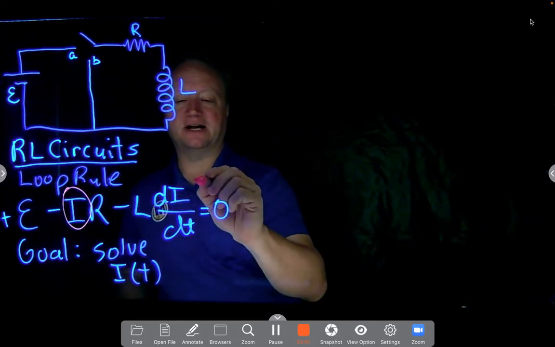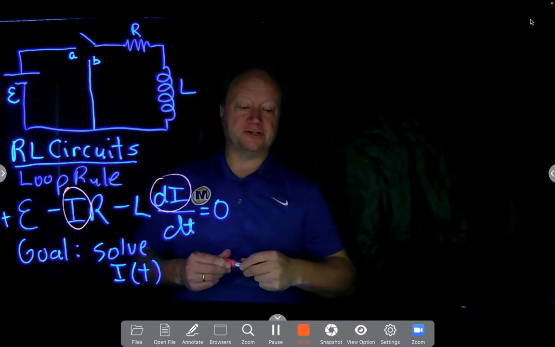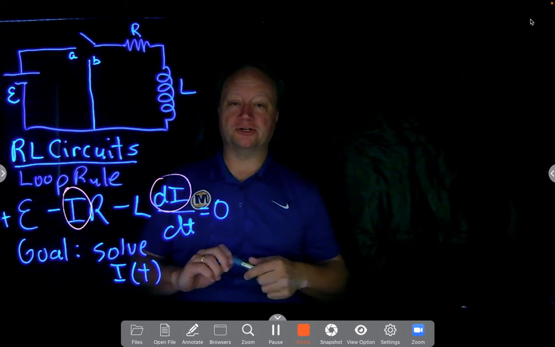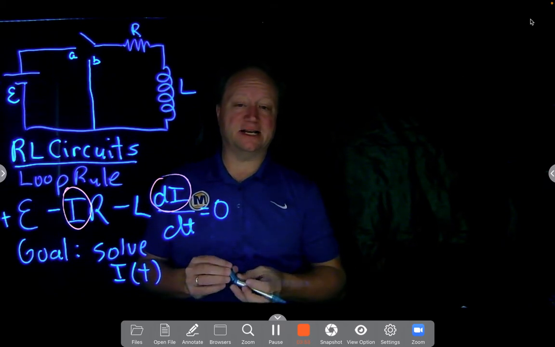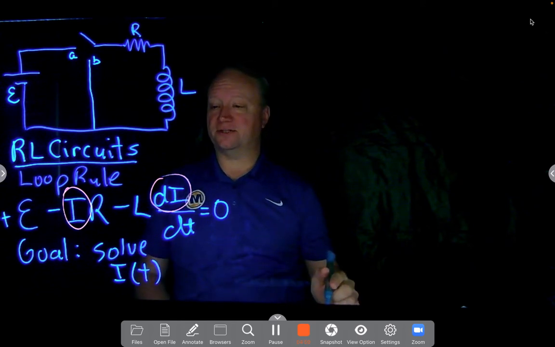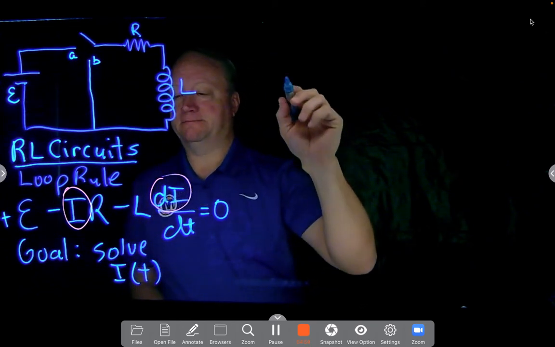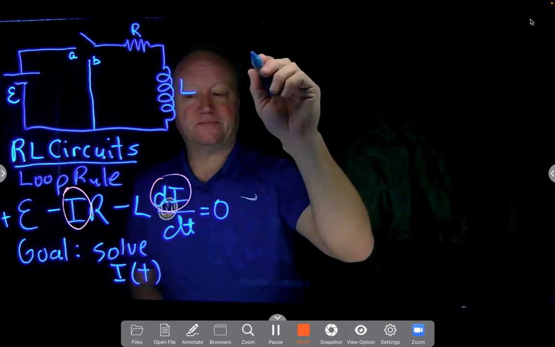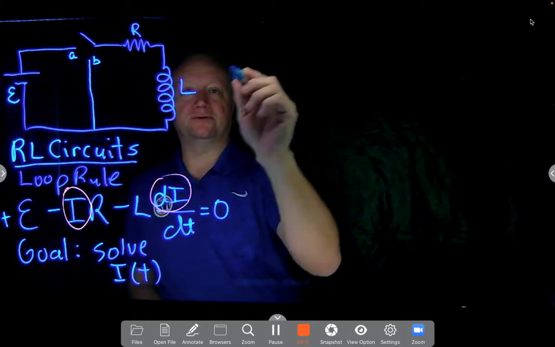Now we've got an I there, we've got a di here. First thing we're going to have to do is do the algebra to be able to get the I and the di on one side and anything else onto the other side. So if I solve this down, I'm going to get the di dt alone. So I'm going to move the other two terms over.